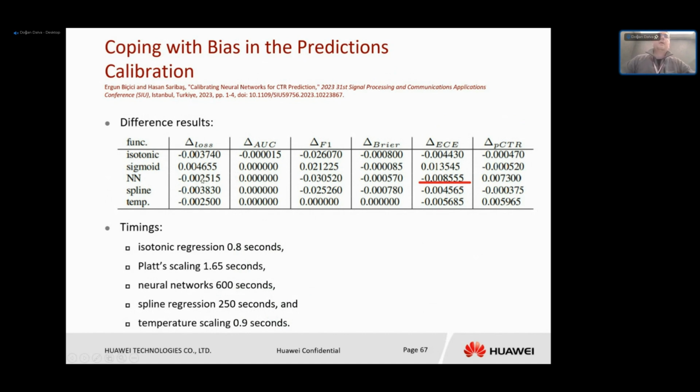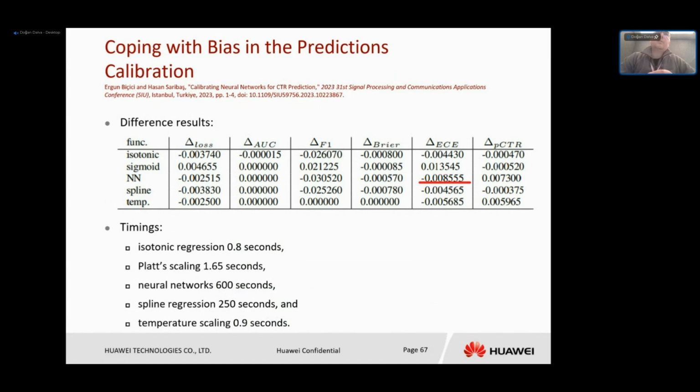When we compare the trade-offs, about 600 seconds can be acceptable when we consider 12 hours of training. 600 seconds is 10 minutes compared with 12 hours of training.